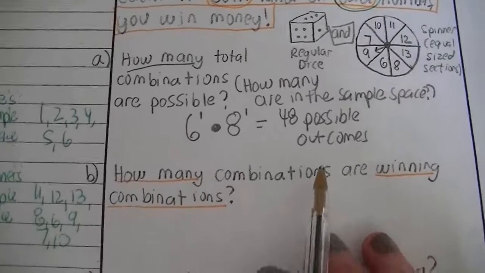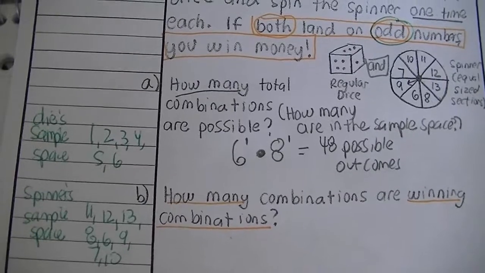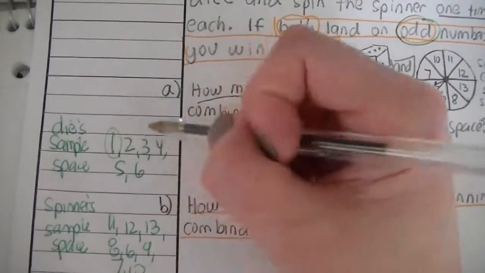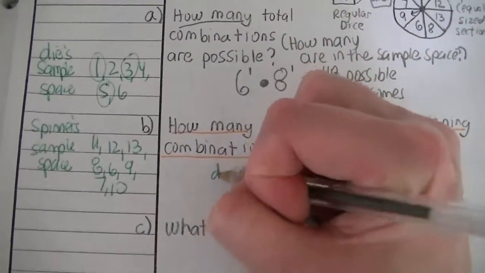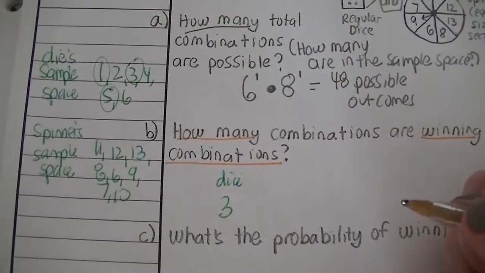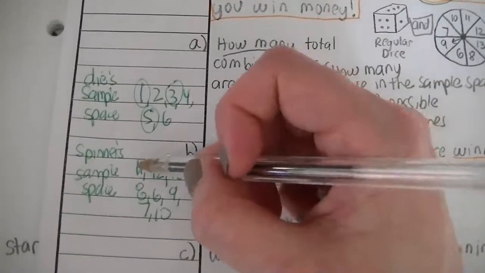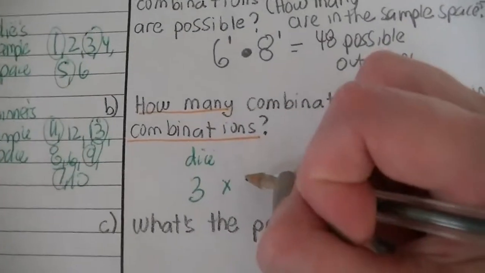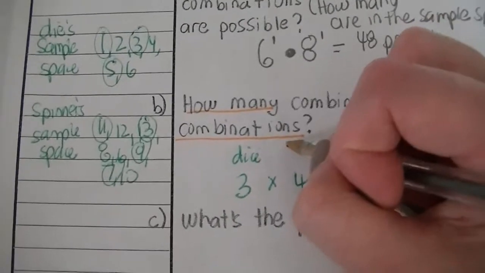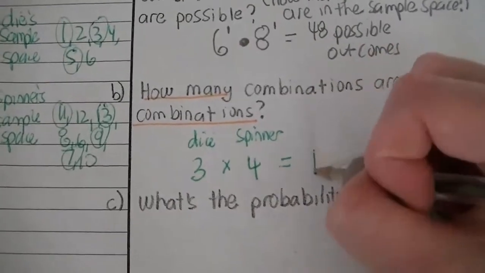How many combinations are winning combinations? Well, on the die, how many of them are odd? 1, 2, 3 of them are odd. And how many are odd on the spinner? 1, 2, 3, 4. Four are odd on the spinner. So you have 12 winning combinations.